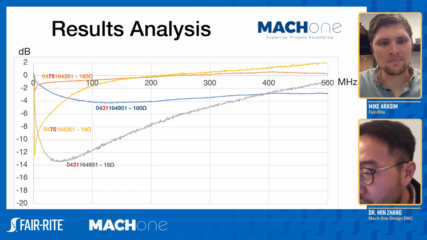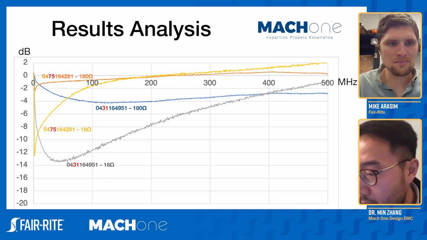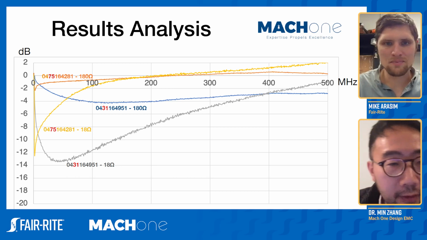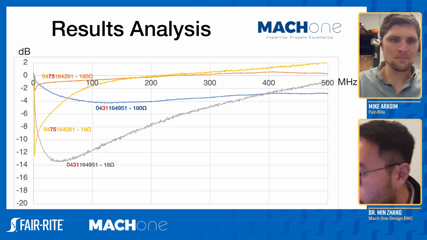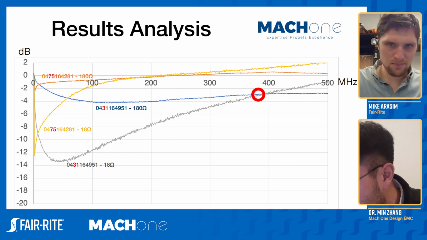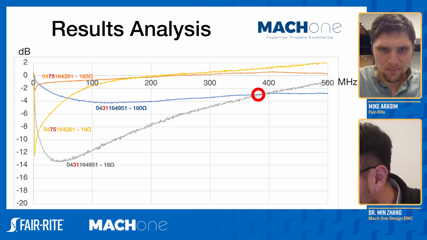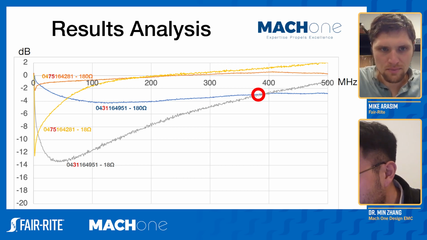Again, you can really see the difference in terms of frequency performance between the two materials. But I think the most interesting thing about this curve is that you can see there's a crossing point here, right? And this crossing point is about 400 megahertz in this case.